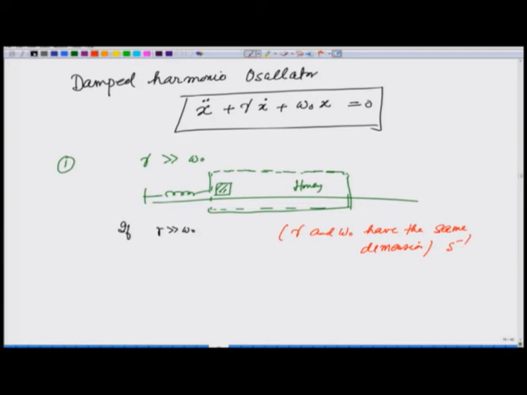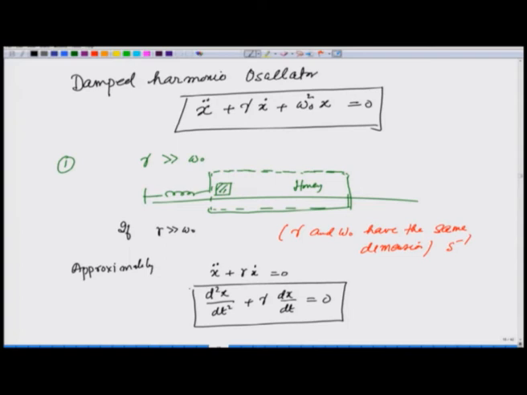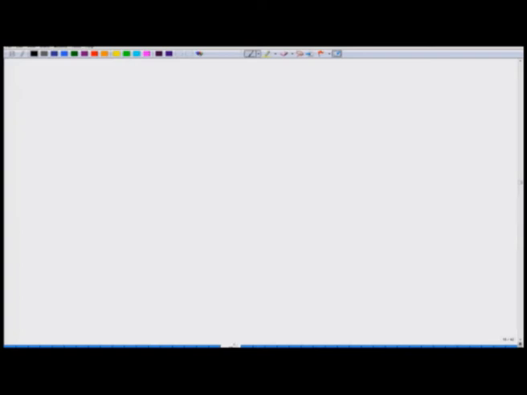If gamma is much greater than omega 0, and we are talking about small amplitude motion, this is omega squared, then approximately I can write x double dot plus gamma x dot is equal to 0. That means d2x by dt squared plus gamma dx by dt is equal to 0. That is going to be my equation of motion, because I can neglect the last term.